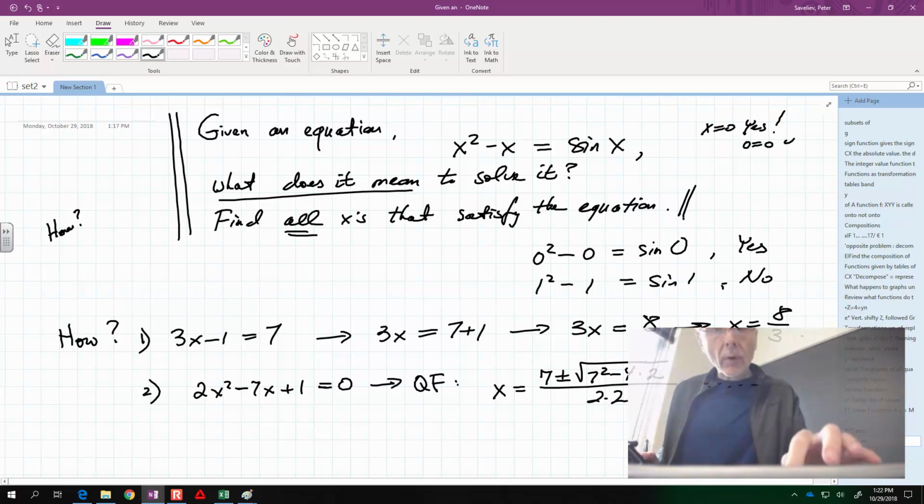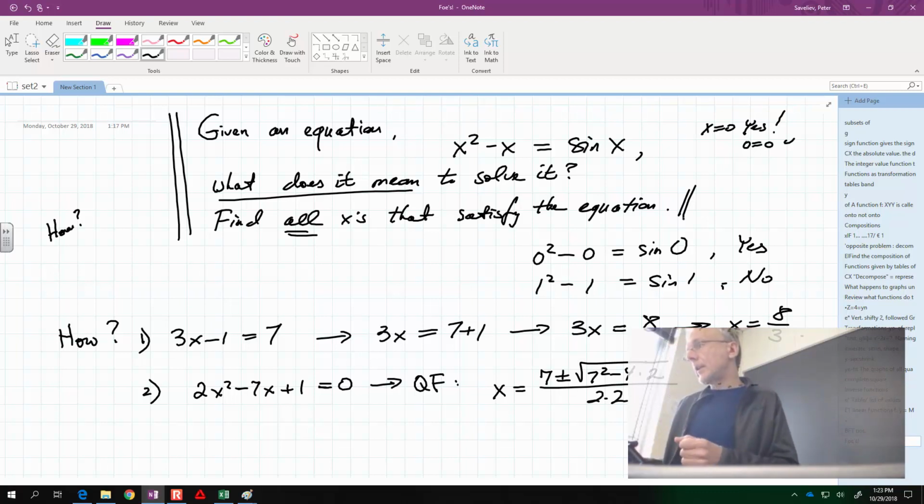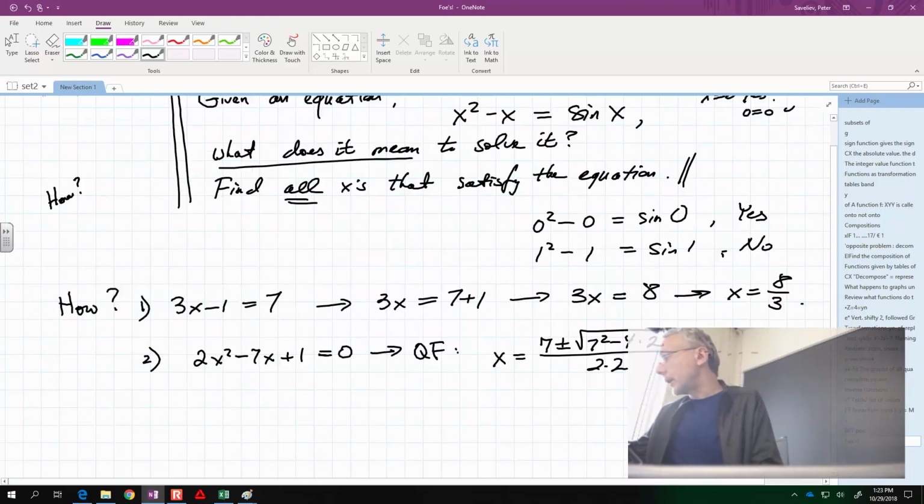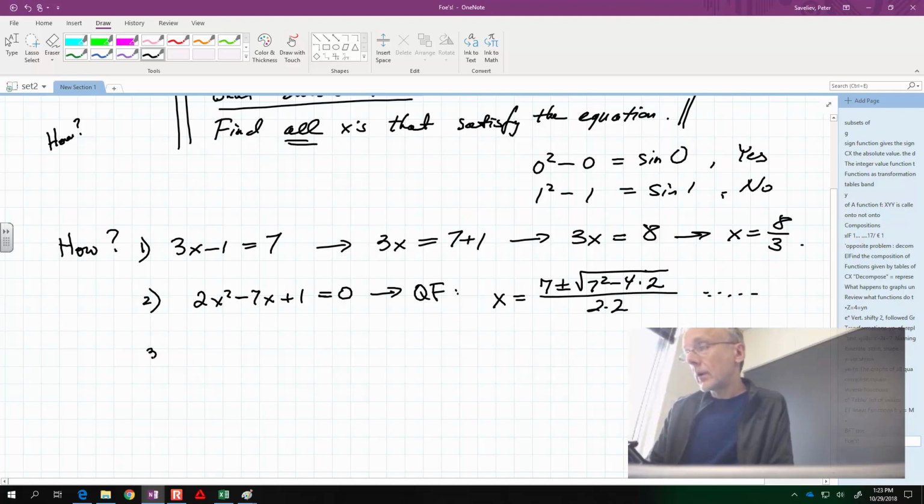So what does it have to do with the universes? It gives you at least one method of solving equations that is very common. So the third example, as we've seen, is say the square root of x plus 1 is equal to 3.